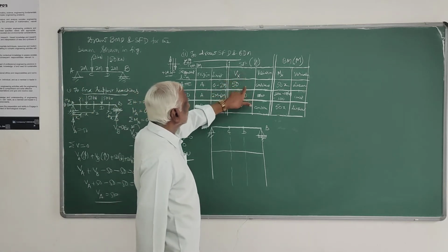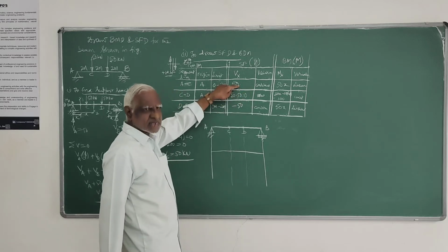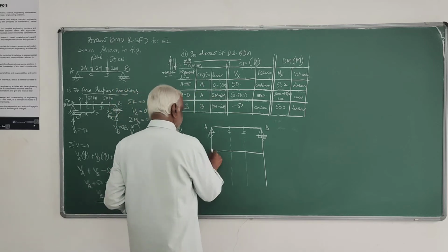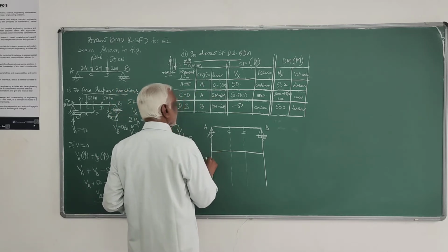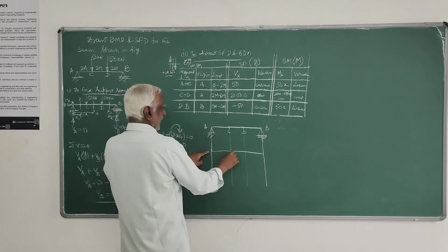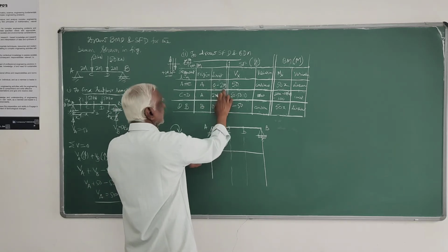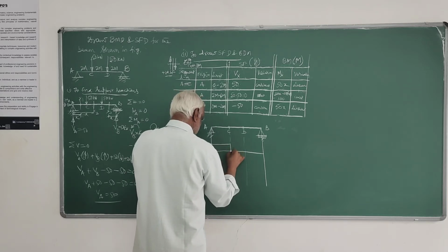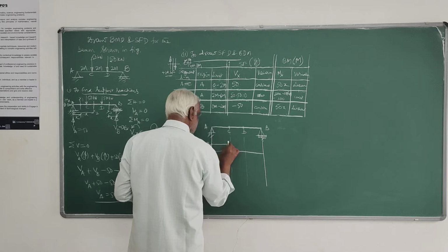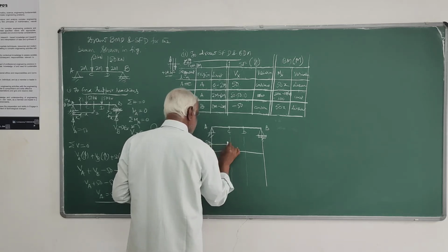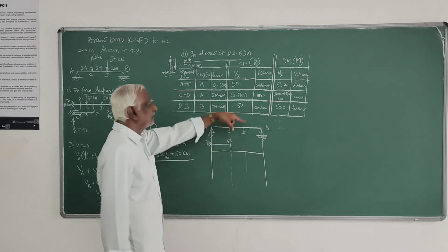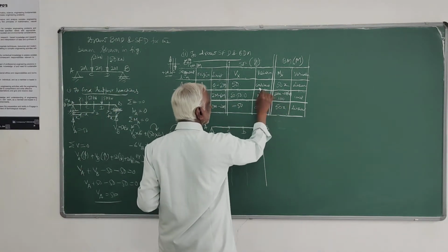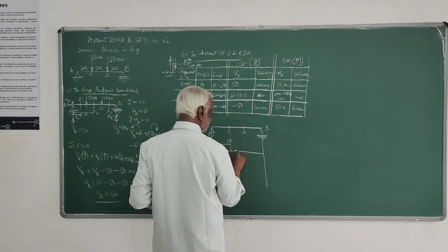Here it is 50, constant. So from x equals 0 to x equals 2, it is constant. x equals 0 is here at A, and at C it is x equals 2, it is 50 to 2 meters. This is also 50. It is constant. Then here it is 0.